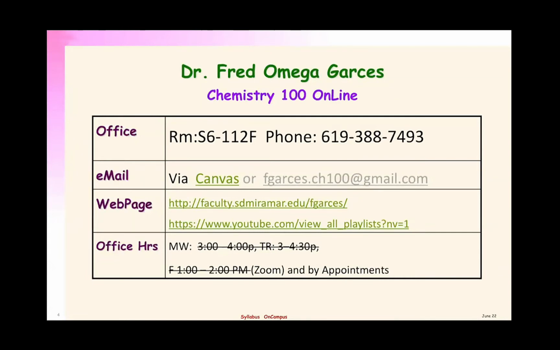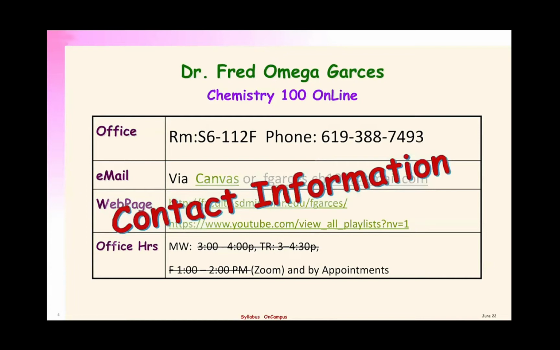Don't use the fgarces.ch100@gmail.com unless you absolutely have to. If you need to communicate with me, go via Canvas. There's a little icon on the left that says inbox. Click on that and you can email me through that. So this is basically contact information.